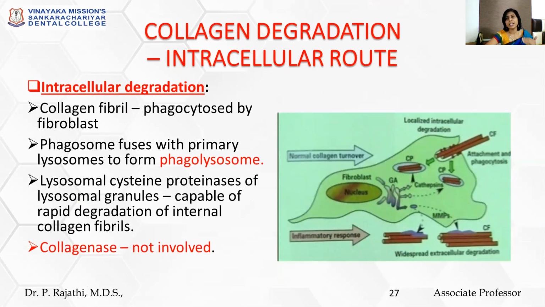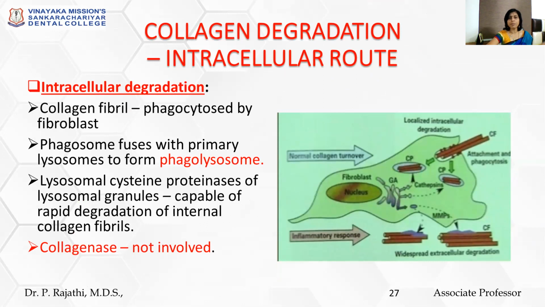Now coming to the intracellular route. Here, the collagen fibril is phagocytosed by the fibroblast. The cell will just engulf the collagen fibril and it forms a phagosome. This phagosome will fuse with the primary lysosomes within the fibroblast cells.